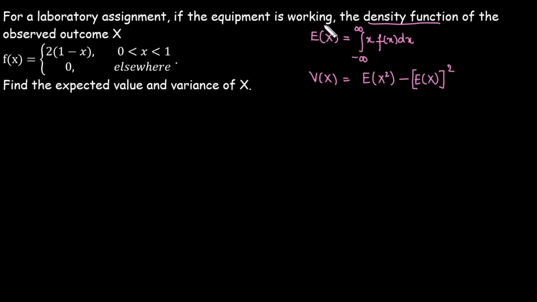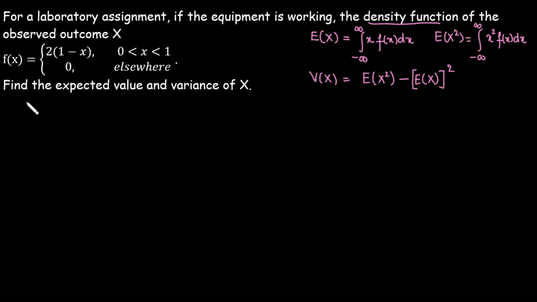It means we need to calculate expected value of x as well as expected value of x square. How we can calculate this? Instead of x, we will write x square f(x) dx and integration from minus infinity to infinity.